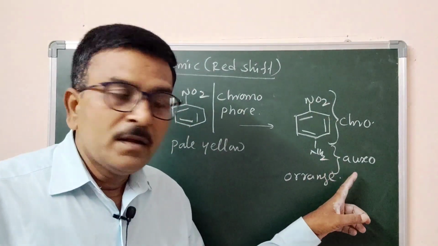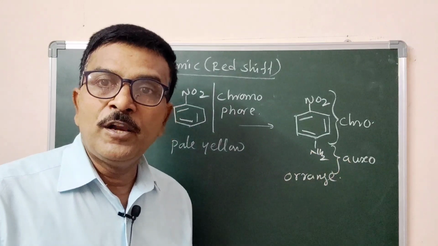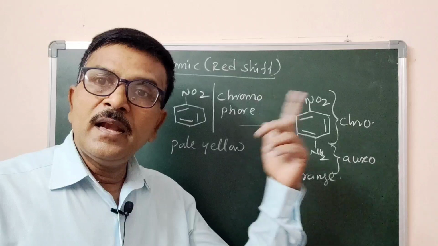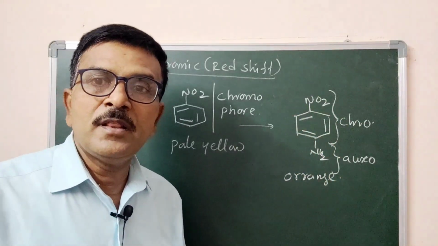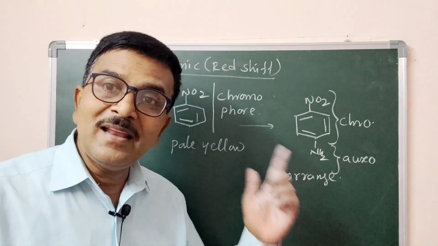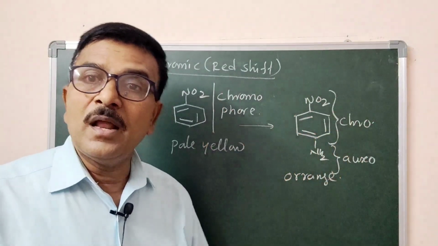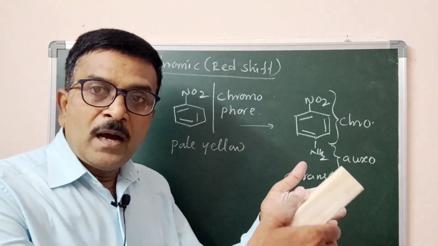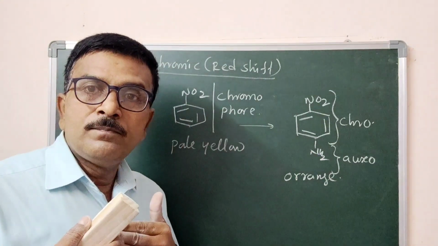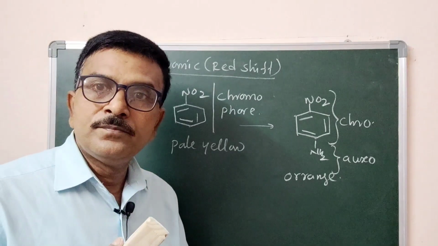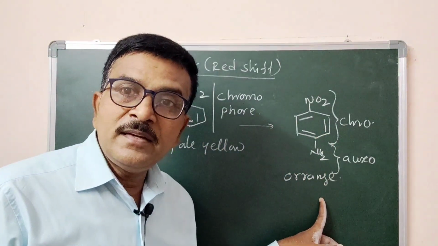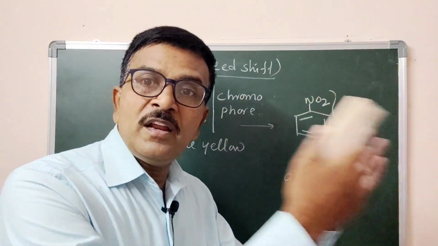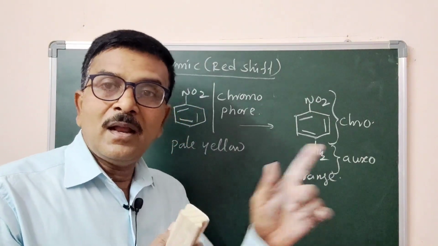So what happens here? Introduction of an auxochrome into the molecule decreases its resonance energy, and the energy difference between the two energy levels of an orbital decreases, and hence it absorbs longer wavelength. That is, the pale yellow corresponds to absorption nearer to the UV, shorter wavelength, whereas orange represents absorption of energy by the molecule in the visible region, the longer wavelength.